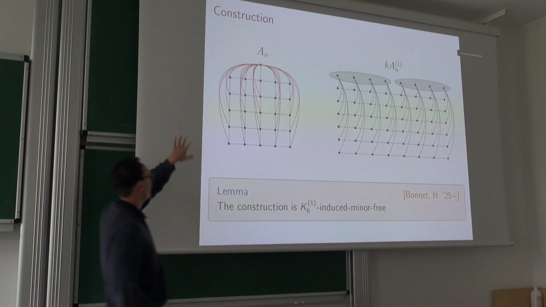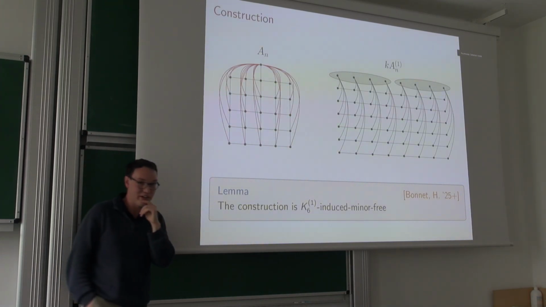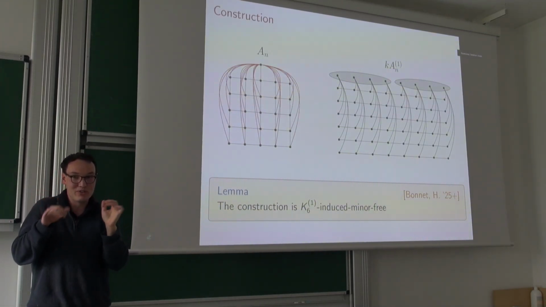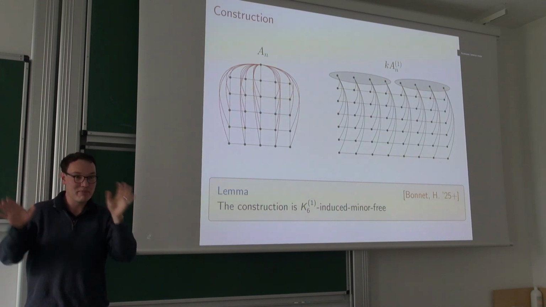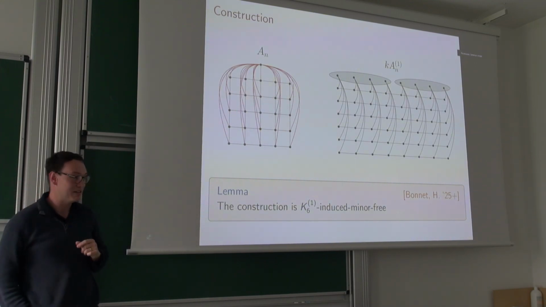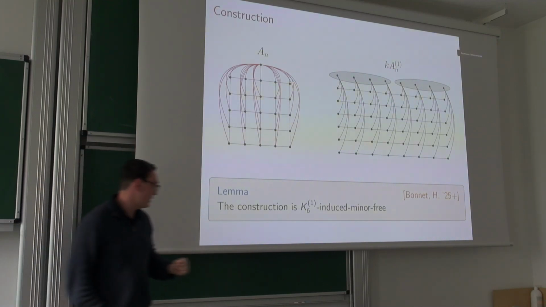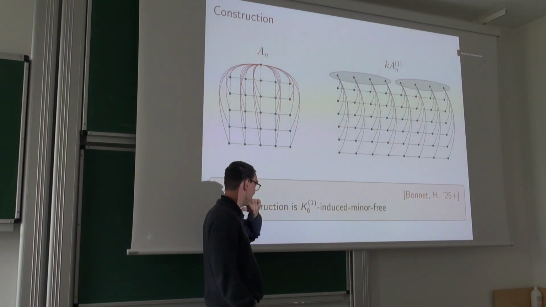So how do we go about actually ordering these things well? Just being a bit hand-wavy, we're going to take a Hamiltonian path over a corresponding supergraph of it. So why is this K6 induced minor free?